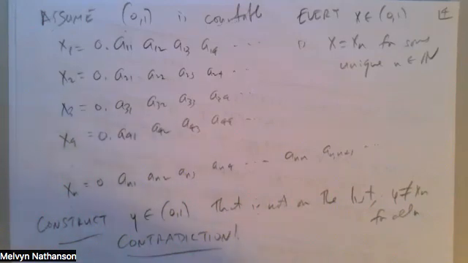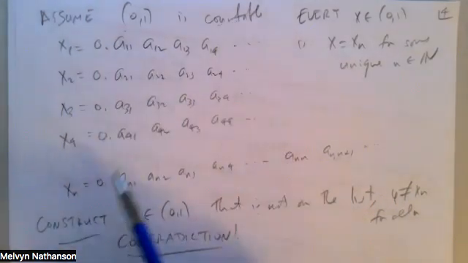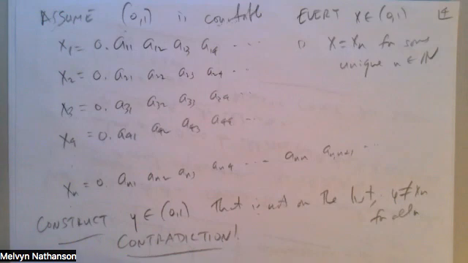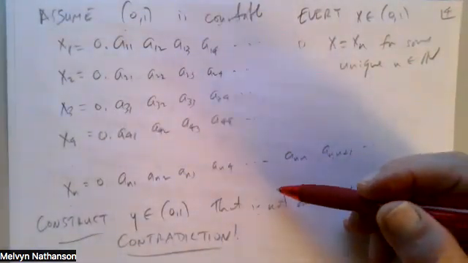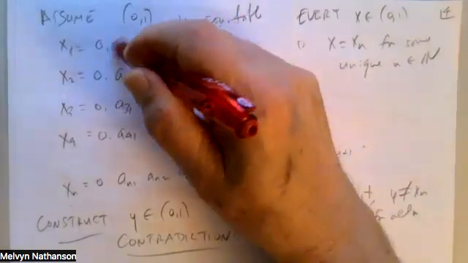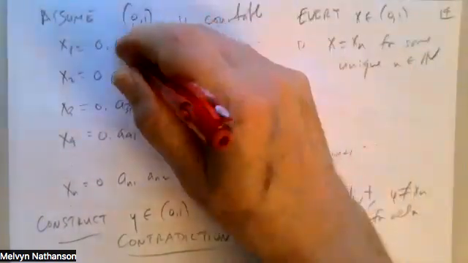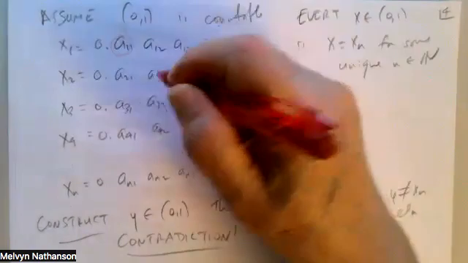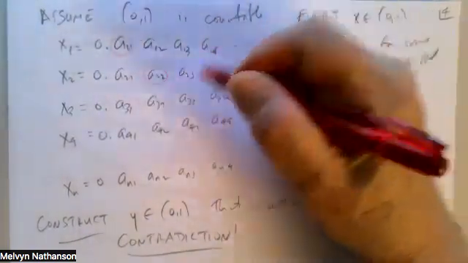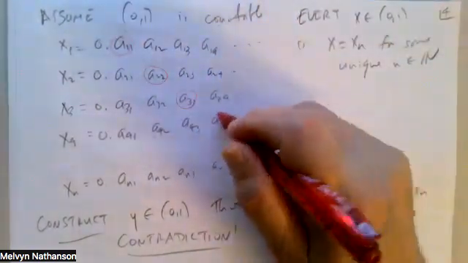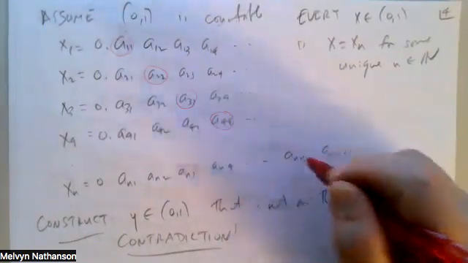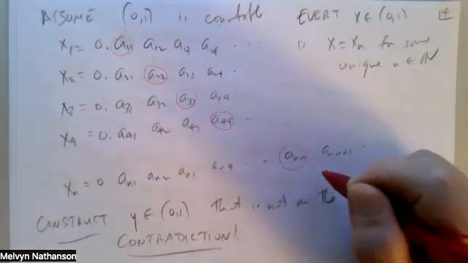It will contradict the assumption that every number from 0 to 1 is on this list. And what we do is we go down what you might call the main diagonal in this array of decimal digits. We have the first digit in the first row, or the first number, the second digit in the second row, the third digit in the third row, the fourth digit in the fourth row. In general, the nth digit in the nth row, right?